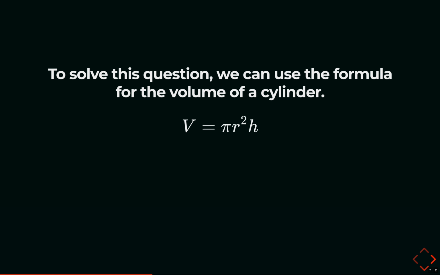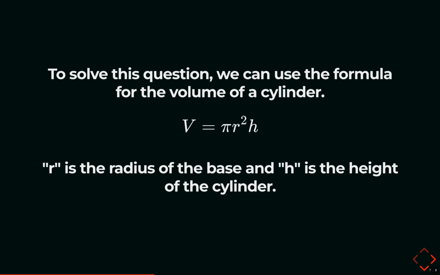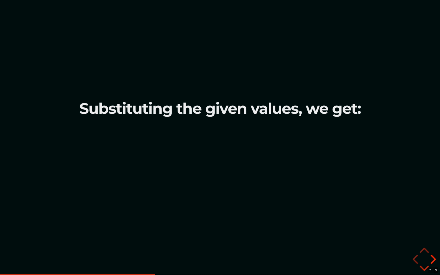To solve this question, we can use the formula for the volume of a cylinder. V equals pi times radius squared times height. r is the radius of the base, and h is the height of the cylinder. Substituting the given values, we get V equals pi times 5 squared times 10.